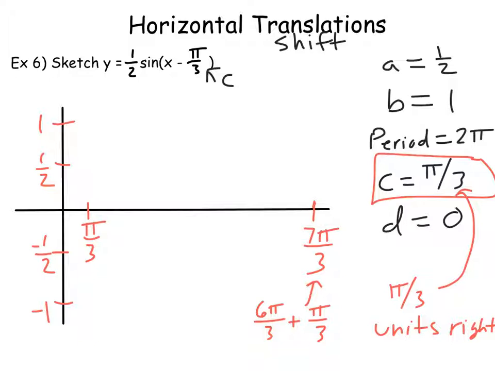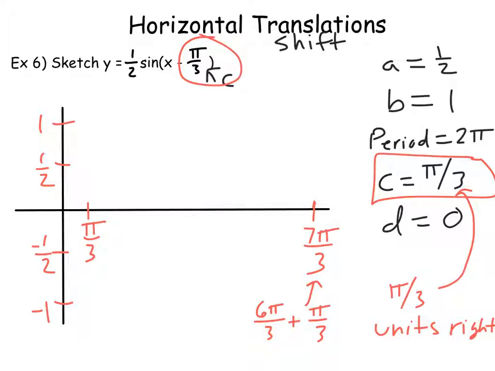Everything's getting bumped to the right. By the way, this is probably worth an explanation here. This does what horizontal shifts always do, where you see the minus pi over 3 and you think that it's going to get shifted to the left, but it ends up going to the right. We've seen that before this year many times, but that's always what horizontal shifts do. They always do the opposite of what you think they're going to.